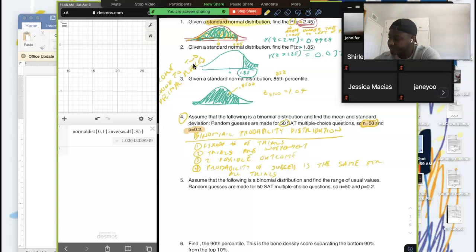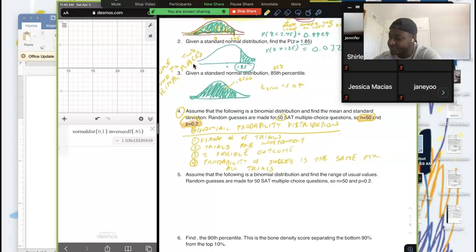And fourth, the probability of success is the same for every trial. So your probability here is equal to 0.2, because you have basically 5 possible choices. If you want to screenshot that, go ahead and screenshot that real quick, because I'm going to have to erase it so I can do the problem.